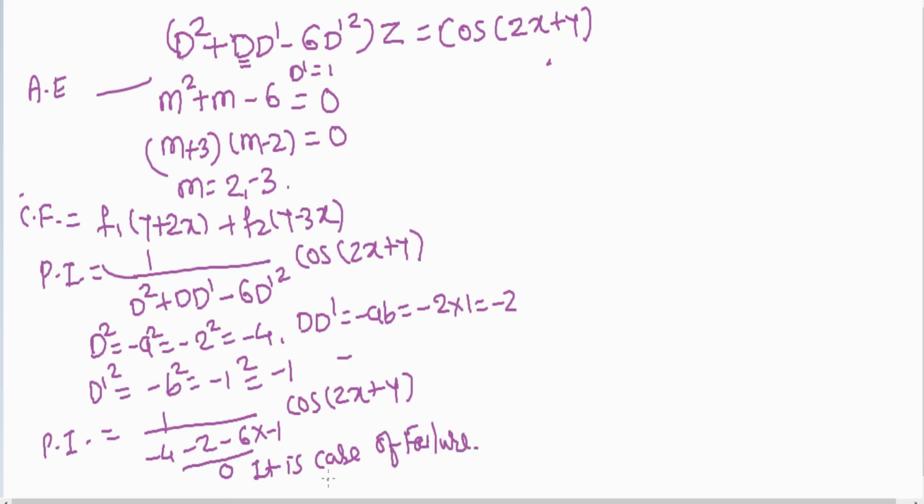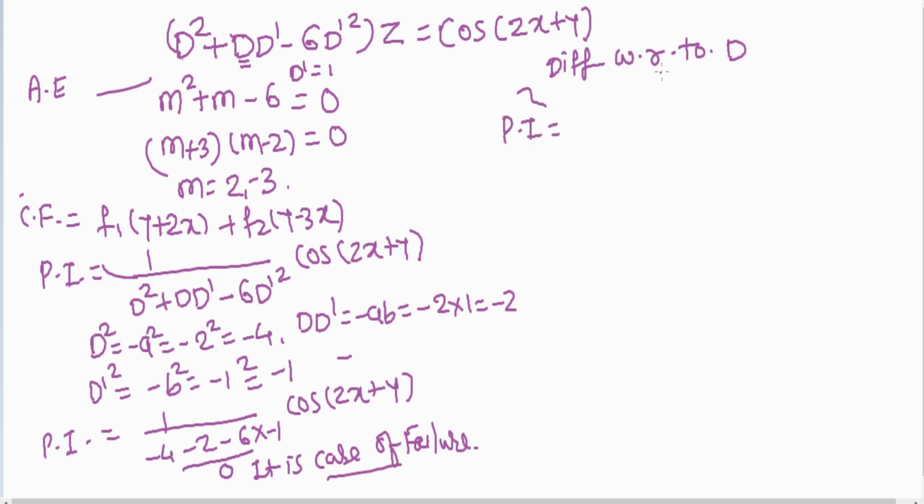Okay. So to find the particular integral, differentiate the denominator with respect to D. In such cases, we have to differentiate with respect to D or D dash. Here we differentiate the denominator with respect to D and multiply by x.